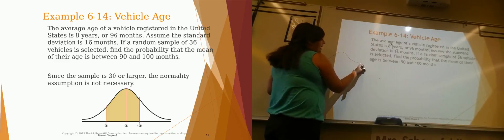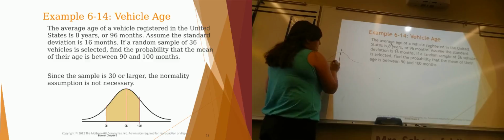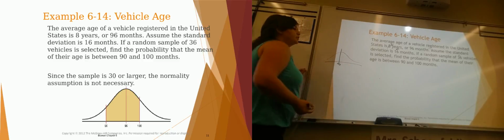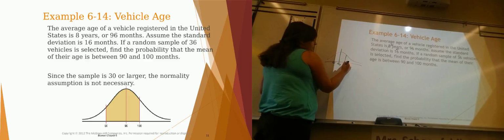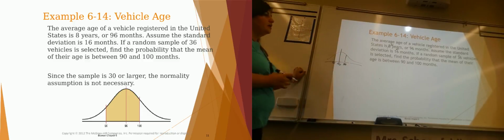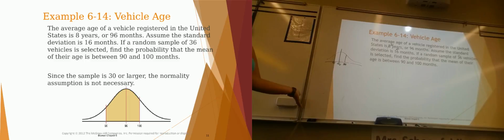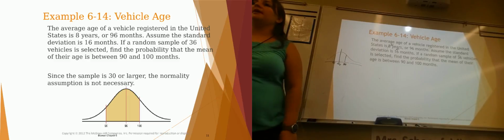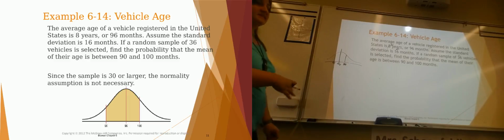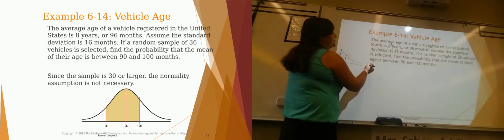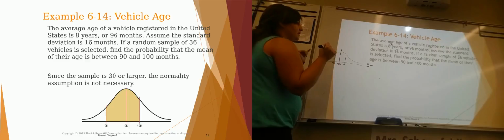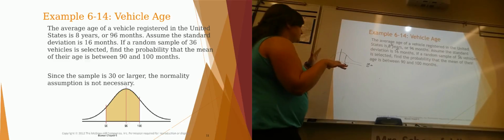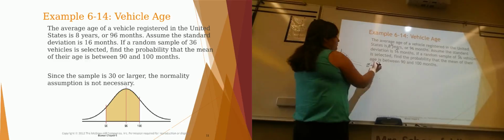Okay, so draw my quick graph. My average is 96. I'm looking for it when it's between 90 and 100. So I go in and find my z-scores for each one of those. Anytime you have a sample, make sure you're using the sample z-score formula. So I have z equals... I'm going to do 90 first.